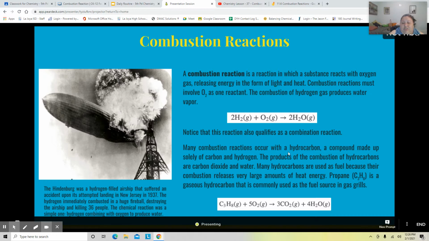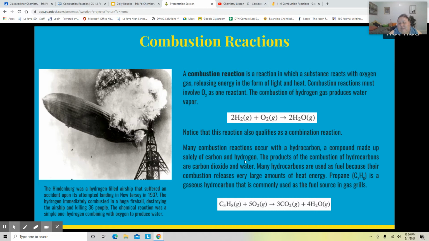Many combustion reactions occur with hydrocarbons. A hydrocarbon is a compound made up of solely carbon and hydrogen, just like the name implies. The products of a combustion reaction with a hydrocarbon are always carbon dioxide and water. So it's really easy to identify.